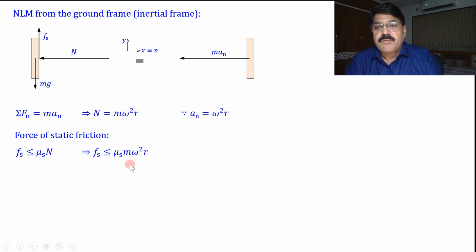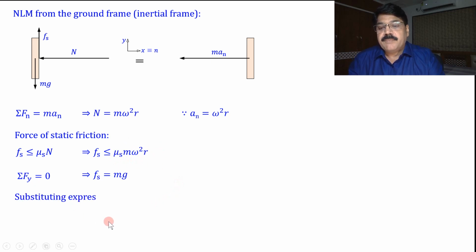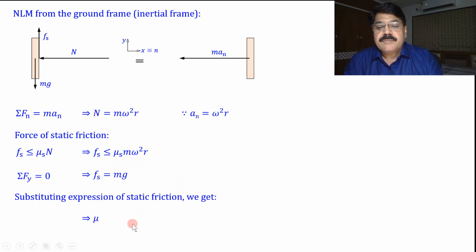The only thing is, we have to equate this static friction with mg. So summation F_y equal to 0, so F_s is equal to mg. Substituting the expression of the static friction, we get mu_s m omega square r must be greater than or equal to mg.